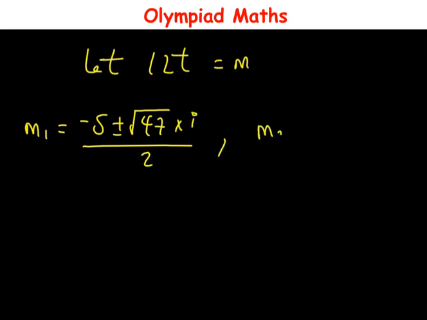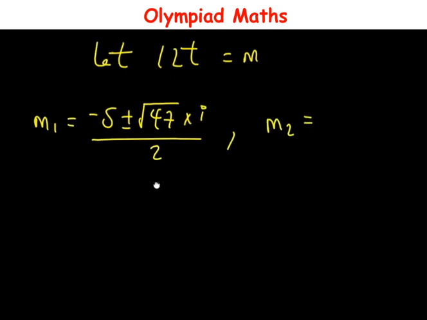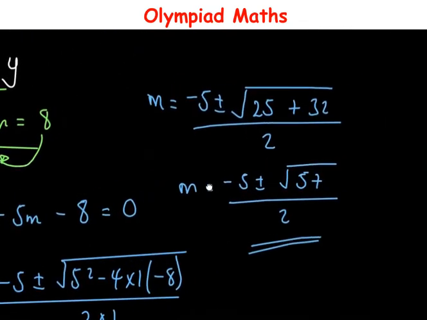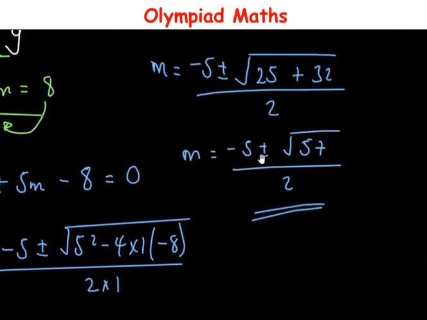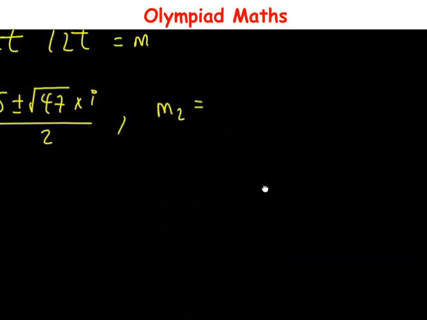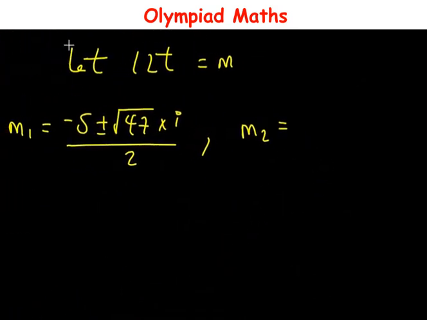And for m2, the solution is equal to minus 5 plus or minus root 57 over 2.